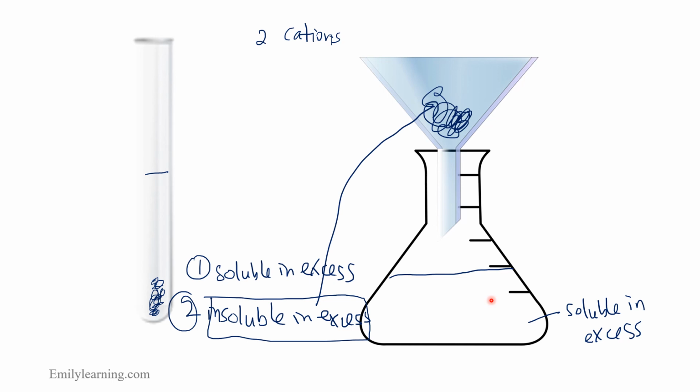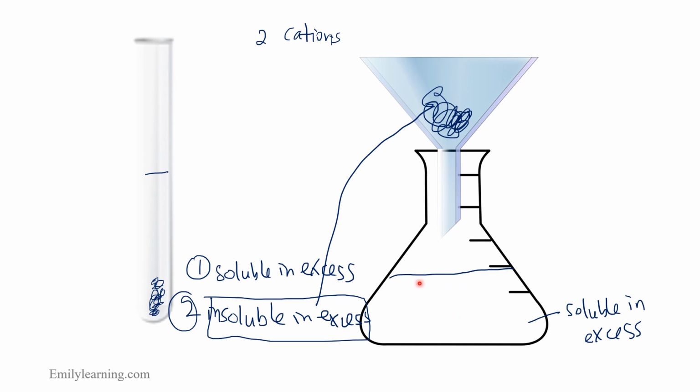But because you have two cations and one wasn't soluble in excess, you can't really see that some of this cation was formed. So basically, when you add acid to the filtrate, you are removing the excess OH minus or NH3 that is used to form the complex that causes the cation to dissolve. And it is to show you that initially there was this PPT.